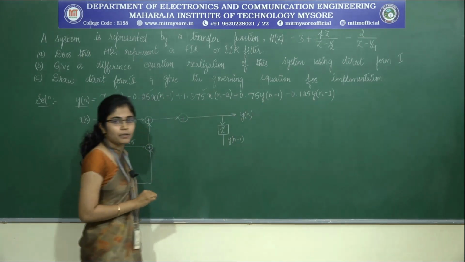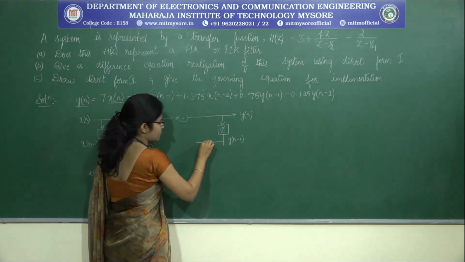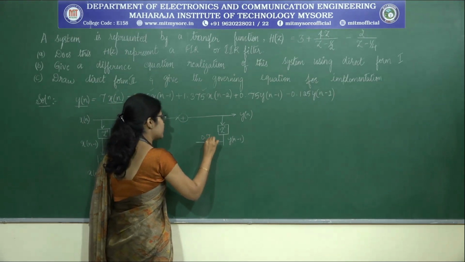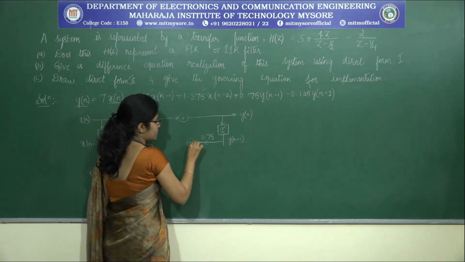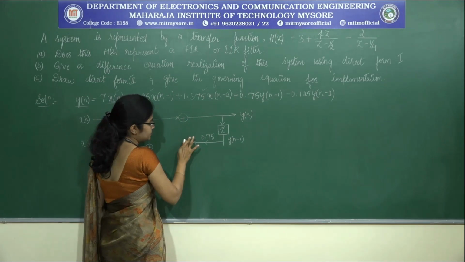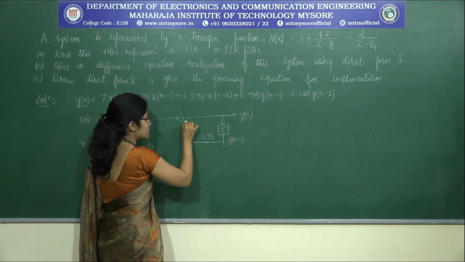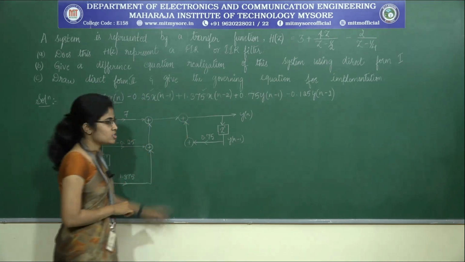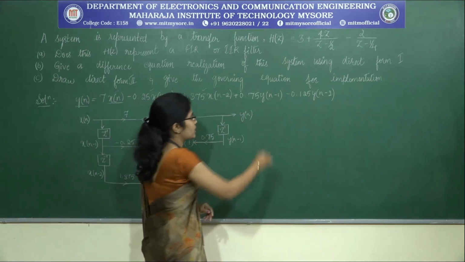This should be multiplied with 0.75, and I should connect it to an adder. Now, connect the output of this adder to the top adder. Okay. So, I only took one more adder here. Now, this is also done.